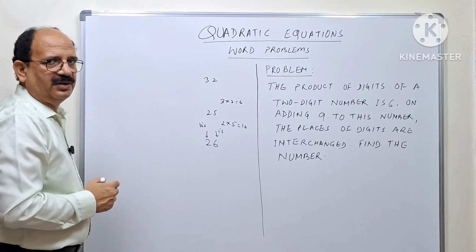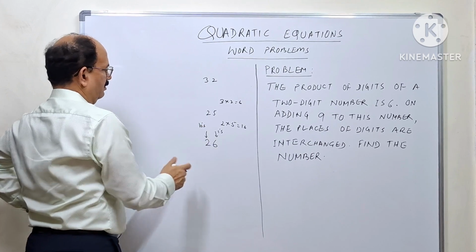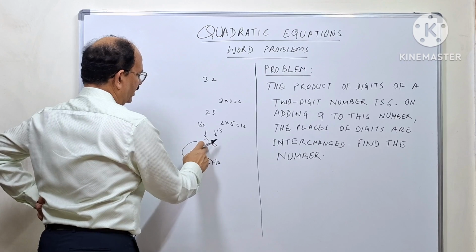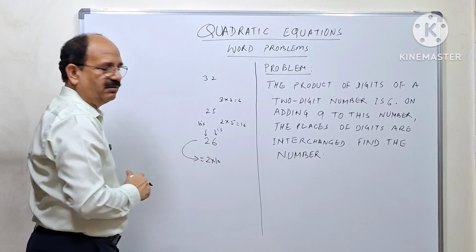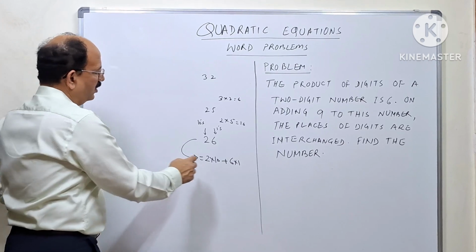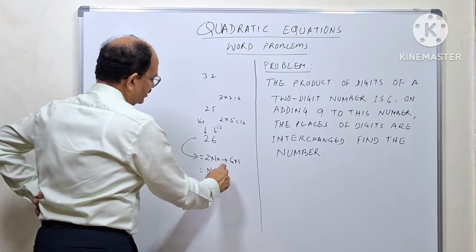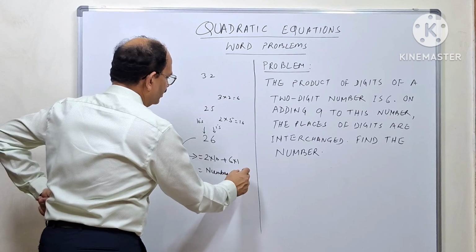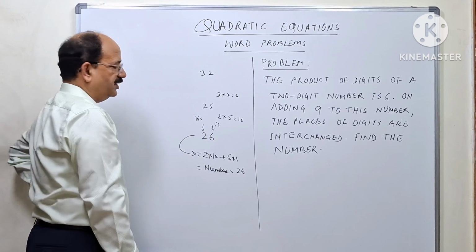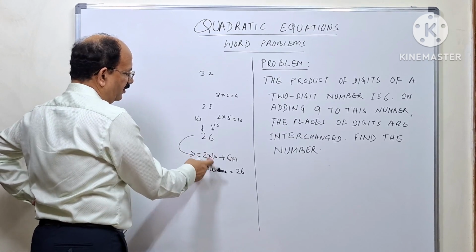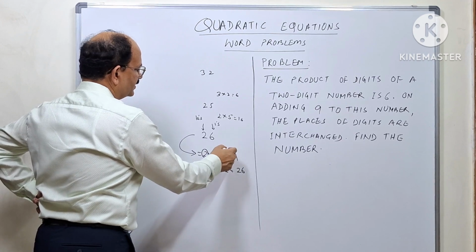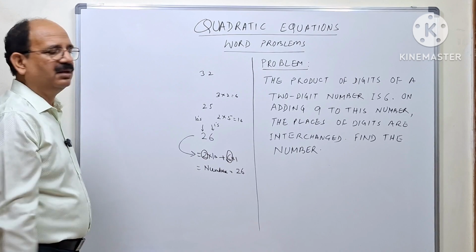So if we have to break it, the number can be written as 2 multiplied by 10, plus 6 multiplied by 1, which gives 26. So the digit at tens place is multiplied by 10, the digit at ones place by 1, and you add them and get the number.